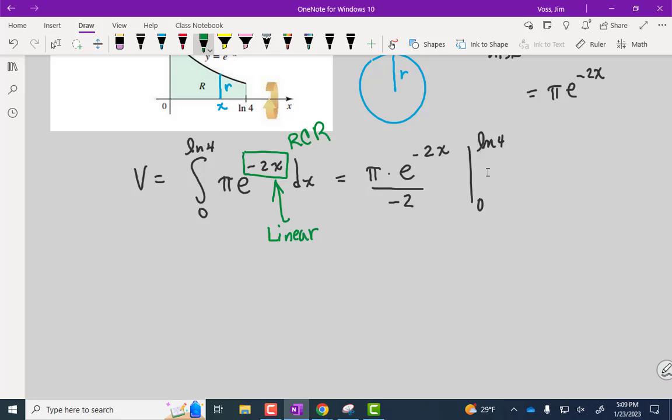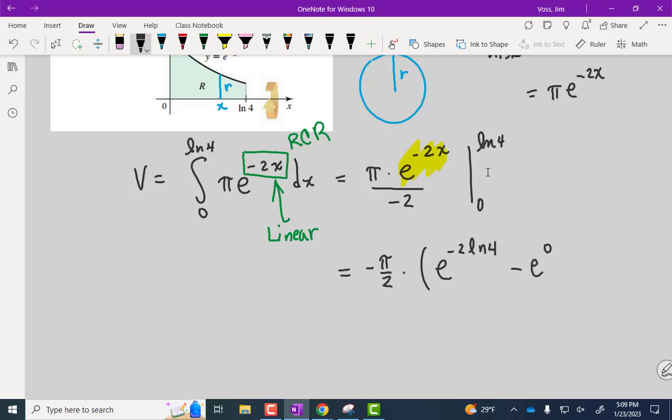So then we just have to deal with our substitution of the limits now. Let's pull the negative pi over 2 out to the front, and we'll think of just evaluating the limits in this, because constants can always factor to the front. So we're going to plug our limits of integration just into that yellow part. So this is e to the minus 2 ln of 4 minus what? 1.